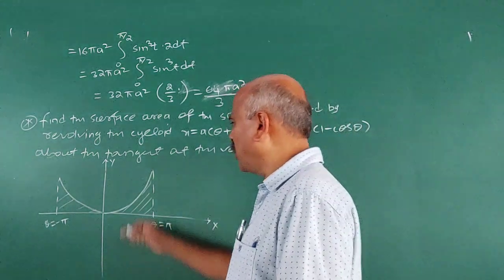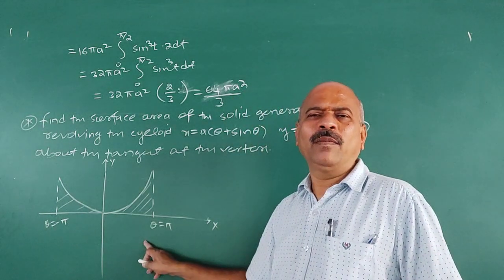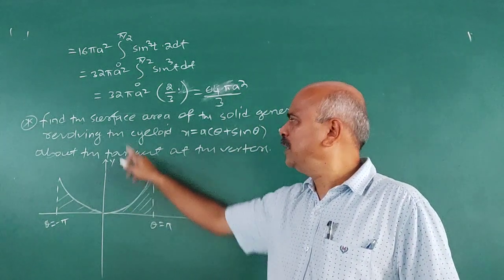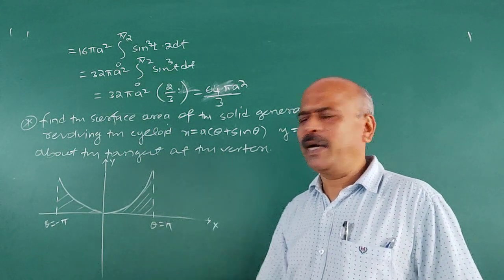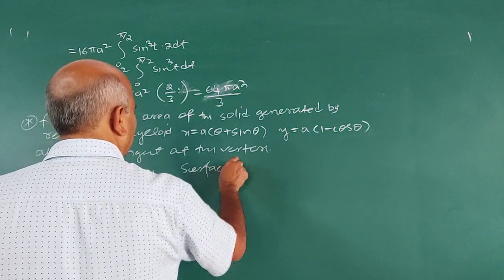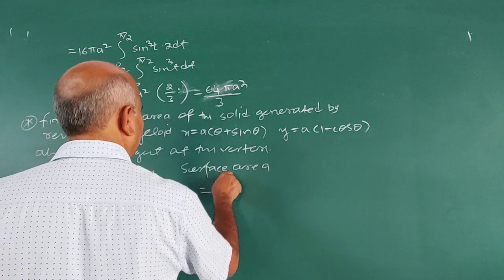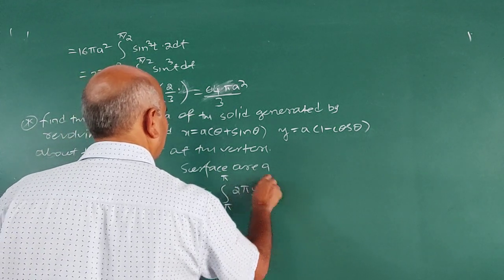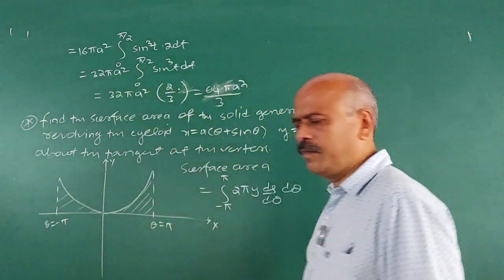Now, how do you apply the formula? If you know the limits, that is sufficient. For one branch or one arc of this cycloid, theta varies from minus pi to pi, and surface area is therefore the integral from minus pi to pi of 2 pi y ds by d theta with respect to theta.